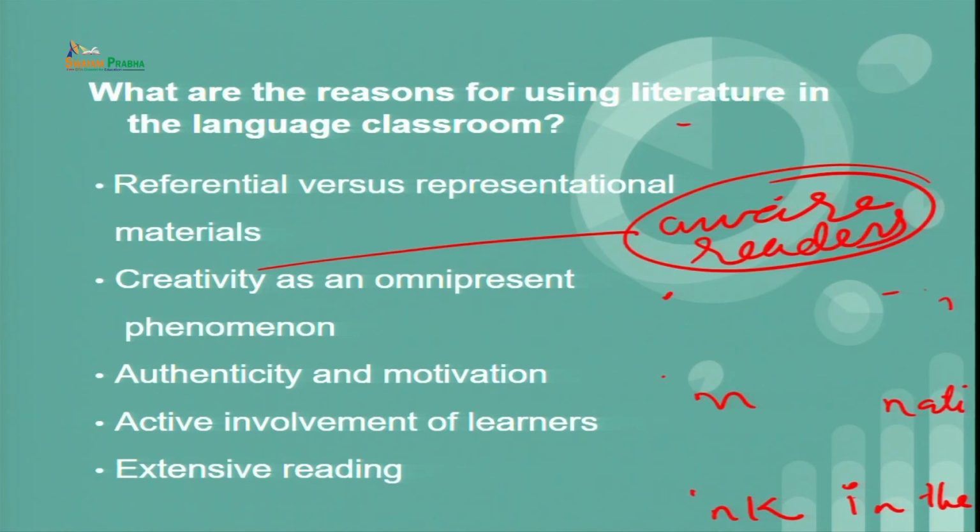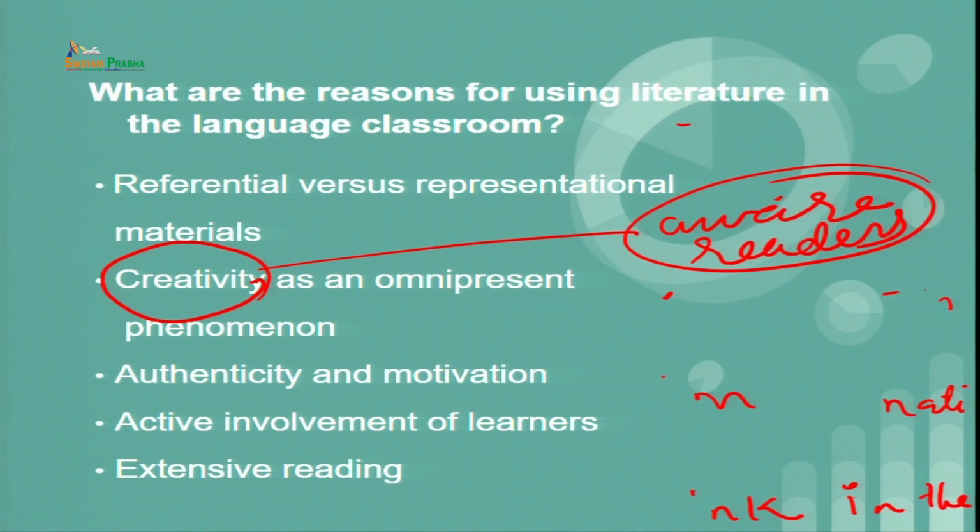And not only this, the literature we see becomes more creative and imaginative for them. Like we said about representational materials, it gives the scope to become more creative, and they lead their way towards creativity by being influenced by the creative materials they are exposed to.